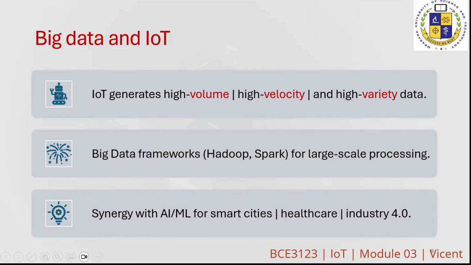AI is a platform on top. Then there are other sub platforms. So ML, machine learning, is a subset of AI. Some people might confuse and say ML is bigger or is not part of AI, but ML is part of AI and it is within the AI. So it is a subset. You can use this for smart cities, for healthcare. For example, your wearable devices are integrated with these AI capacities.